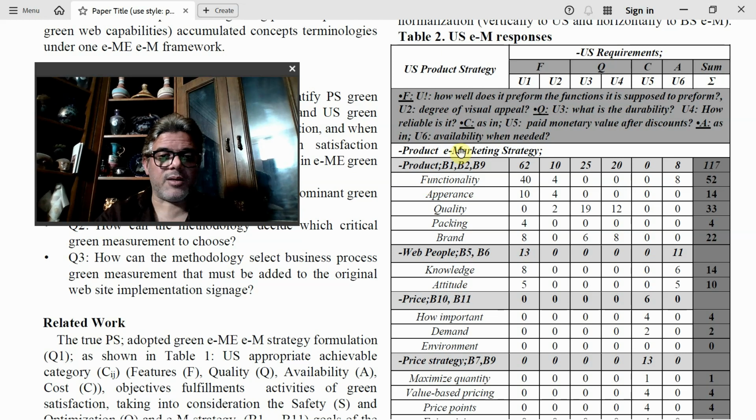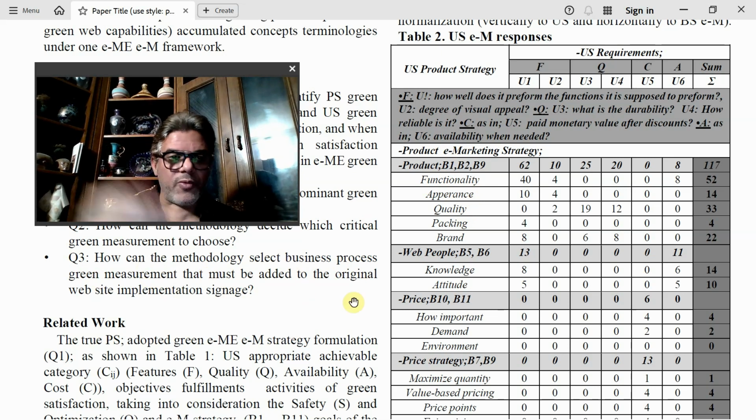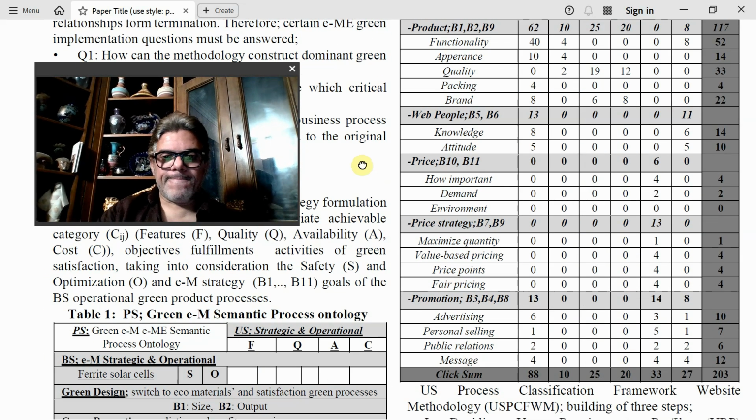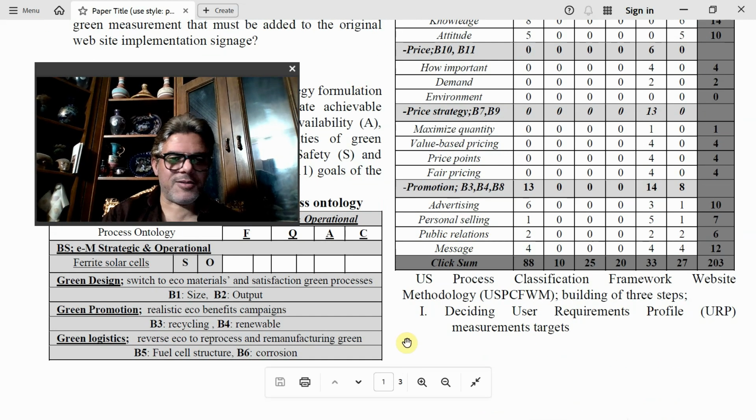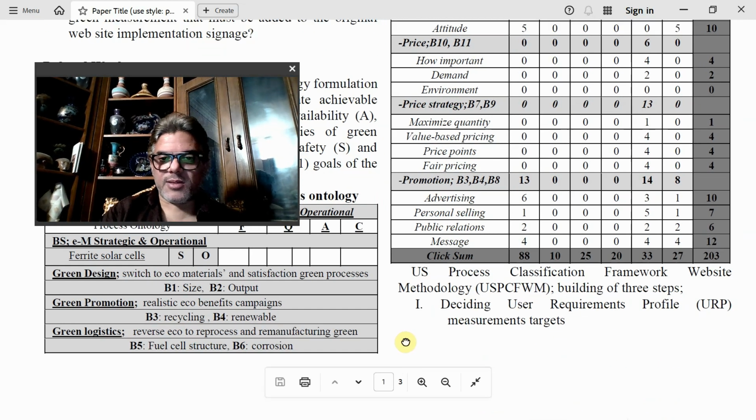The company at 50% can know which categories in the measurement, business process measurement, to improve. Of course, by spying or just buying the terminology, but nobody buys anything today.